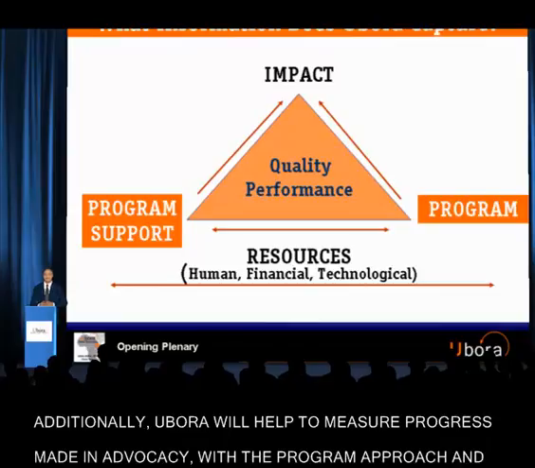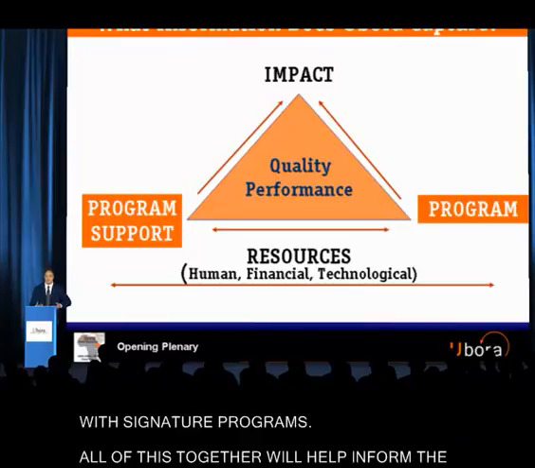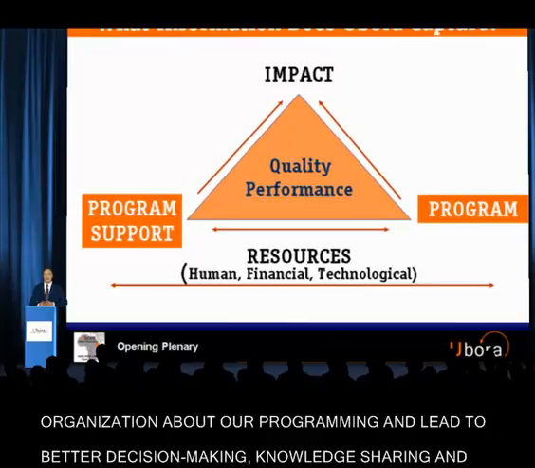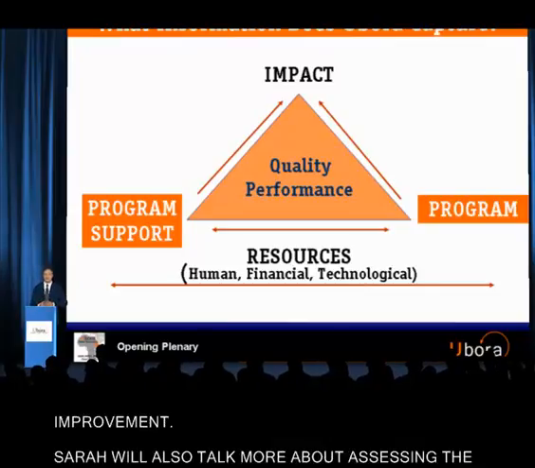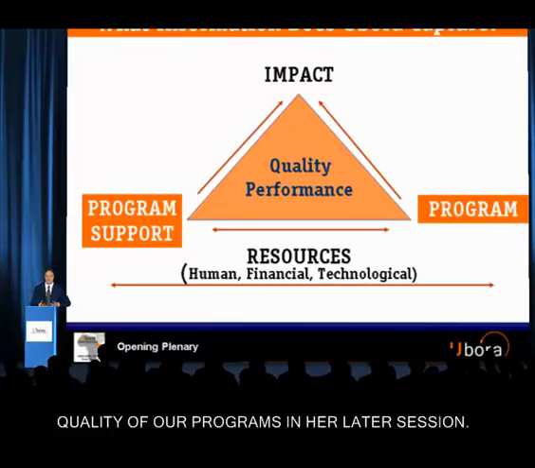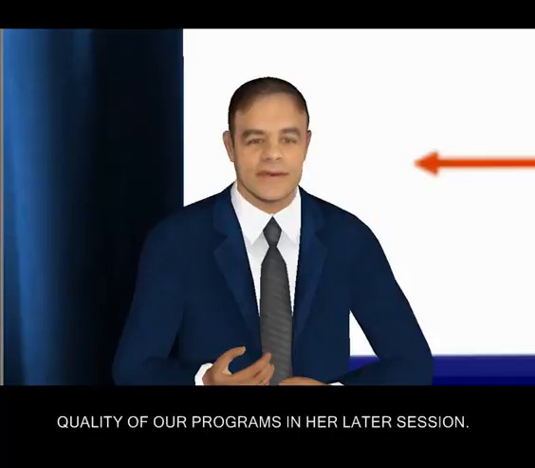Additionally, Ubora will help to measure progress made in advocacy with the program approach and with signature programs. All of this together will help inform the organization about programming and lead to better decision-making, knowledge sharing, and improvement. Sarah will also talk more about assessing the quality of our programs in her later session.